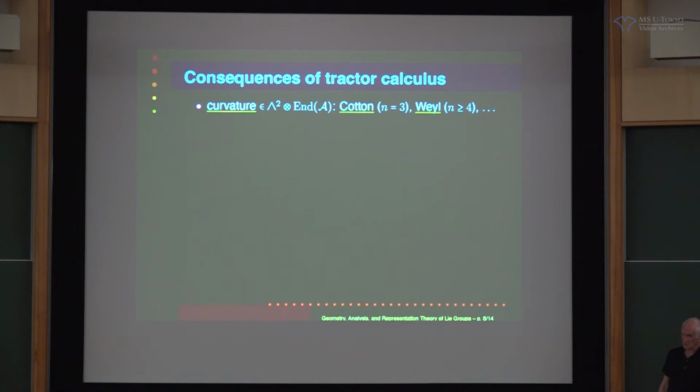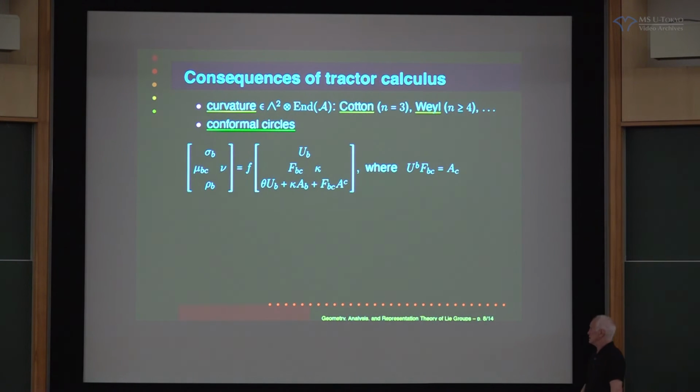So you can get many of the classical results just by this simple observation. But the other thing, and this is what I wanted to describe here, is that you also get the equation of conformal circles out. So let me describe how that goes. Okay, so conformal circles are built on ordinary everyday round circles, either in the plane or on the sphere. And this adjoint tractor bundle is based on the adjoint representation of the group of motions.